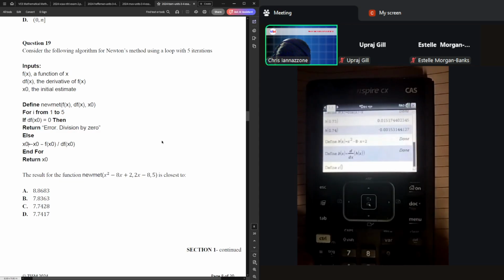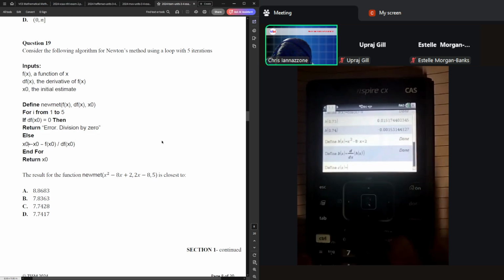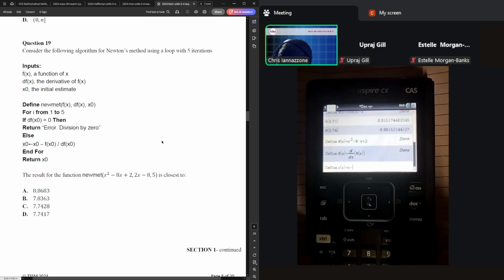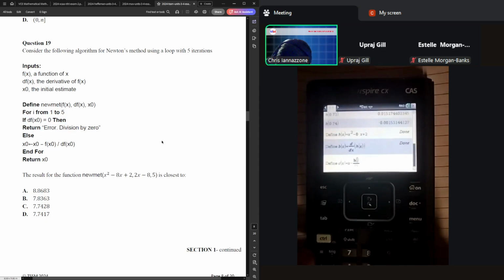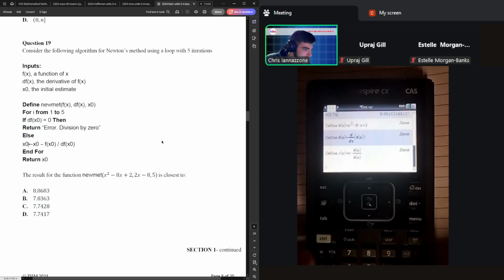And then finally, the Newton's method equation is going to be x takes h on b. Okay, cool. So i is going to get 1 immediately, and we're going to update x naught with that.